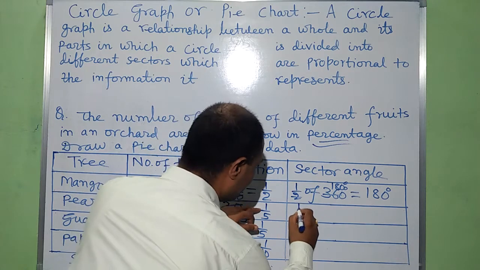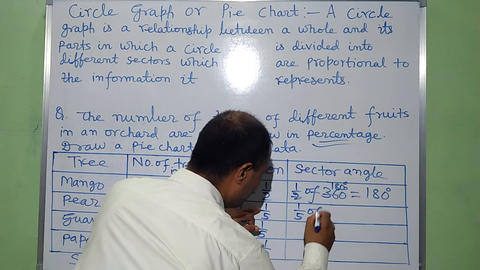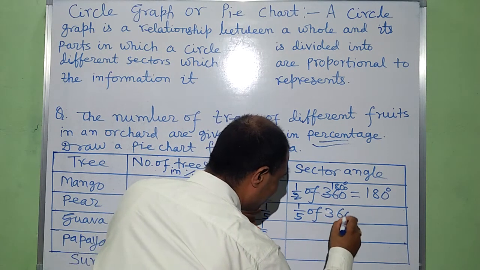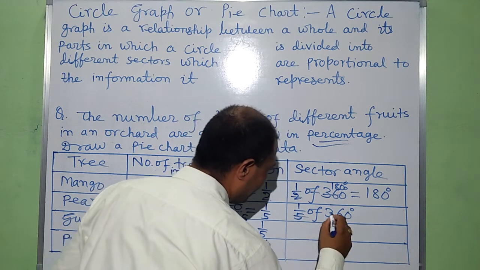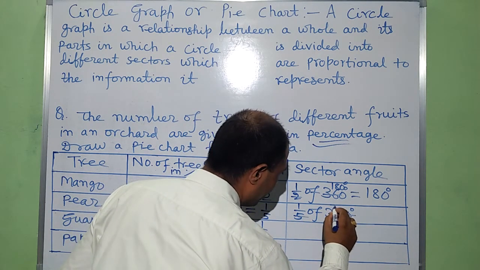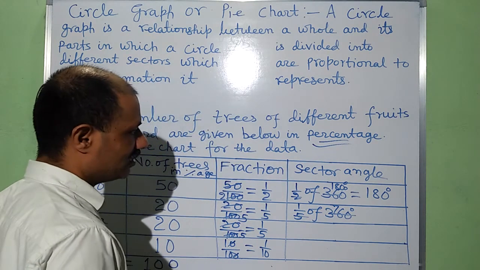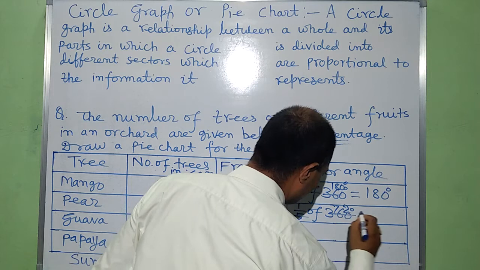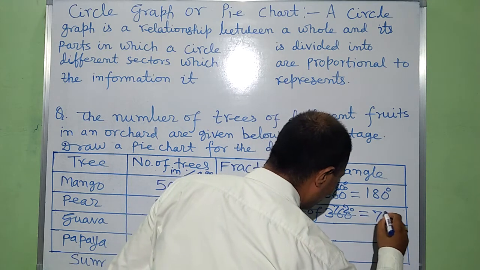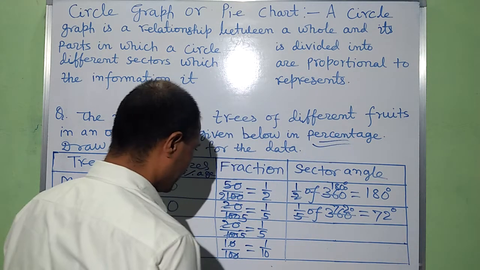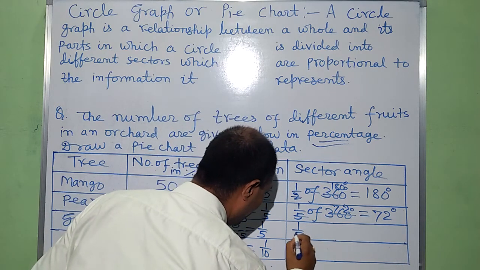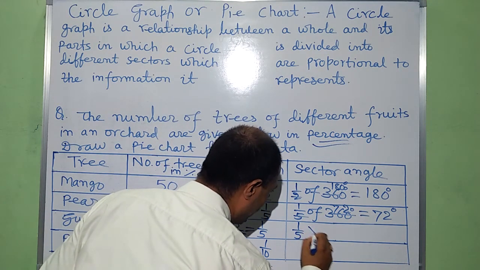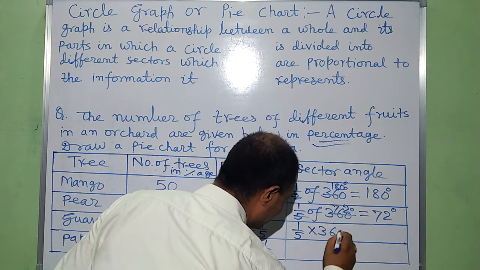1 by 5 of 360 degrees. 5 sevens are 35, 10 carried, 5 twos are 10. This is 72 degrees. Similarly, 1 by 5 of 360, where 'of' means multiplication.